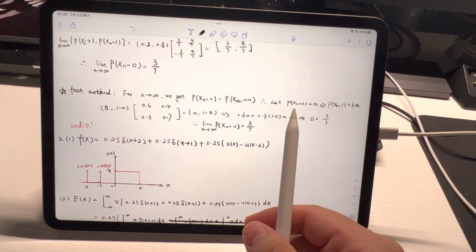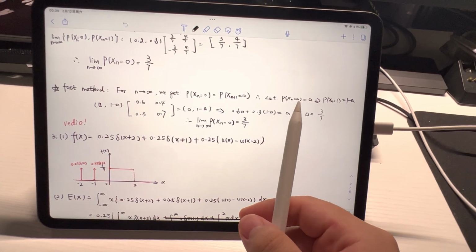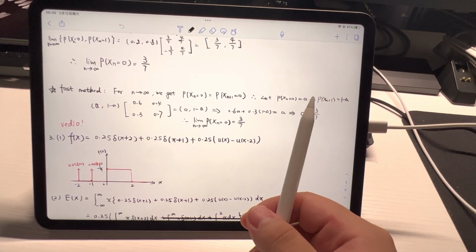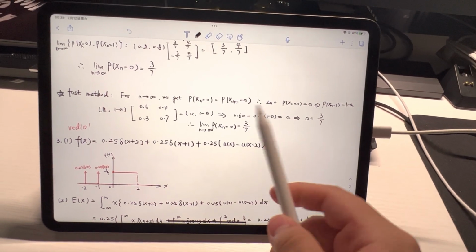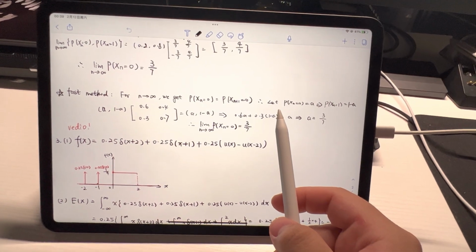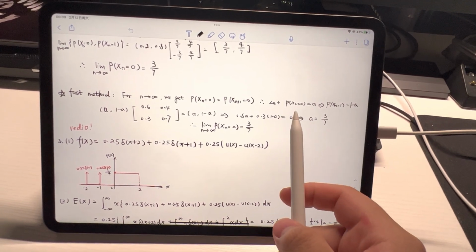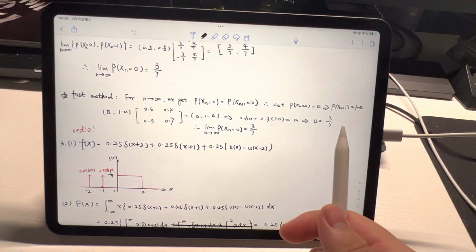Then we let the value equal a, so the probability of Xn = 1 is the complement of the probability of Xn = 0, so the value is 1 minus a.